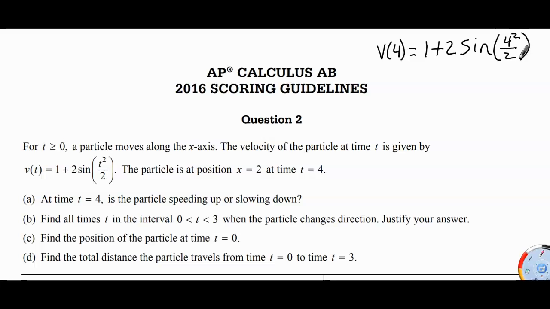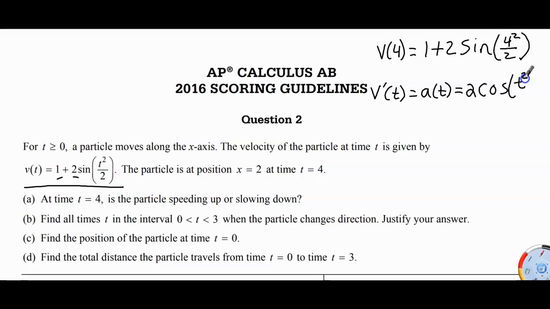So to find acceleration, you find the derivative of velocity. So v prime is what we'll call acceleration. So the derivative of v: the 1 here is going to go away. The 2 is going to stay because it's a constant multiple. And then sine becomes cosine.